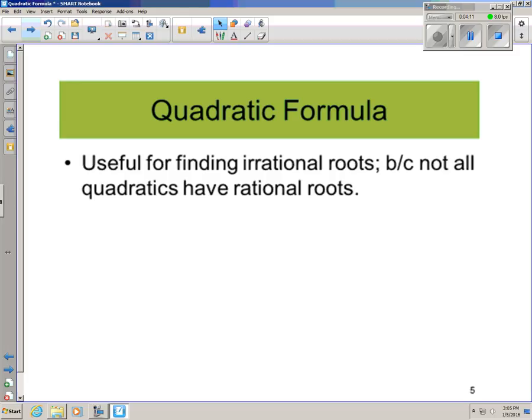So the quadratic formula is an alternative method in which to solve quadratics, and you can solve any one of them. But as you can see, we have some with fractions, and we've only been able to factor things that have rational roots. Now we can go into finding irrational roots and maybe even complex numbers, imaginary roots, if you get a negative under the radical.